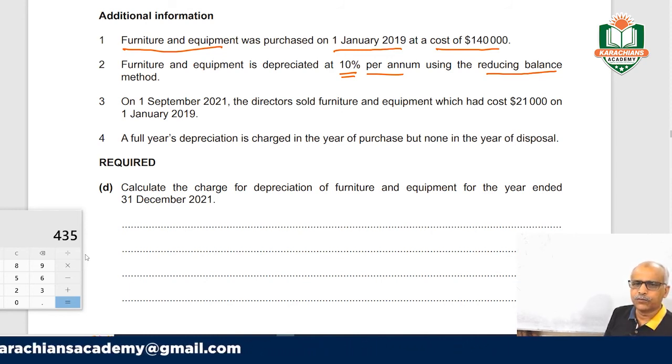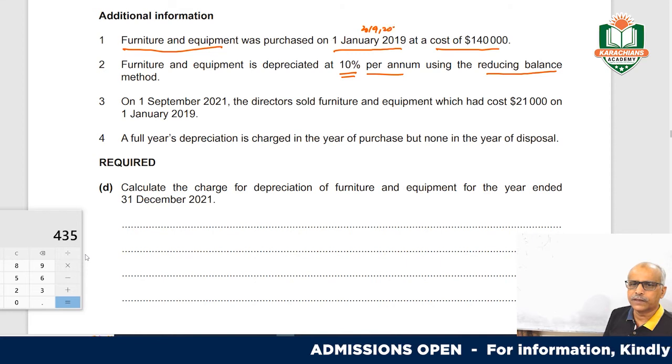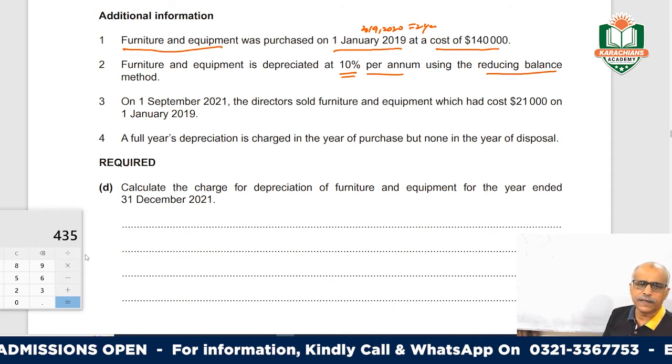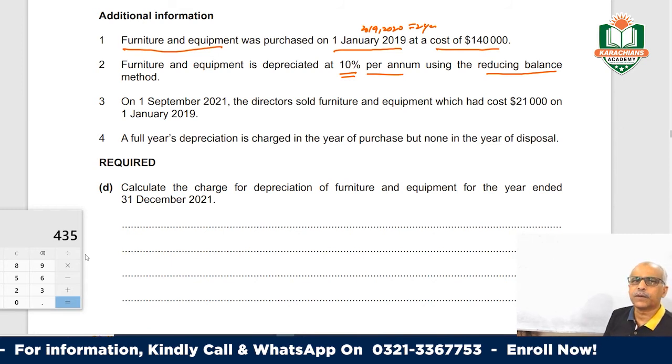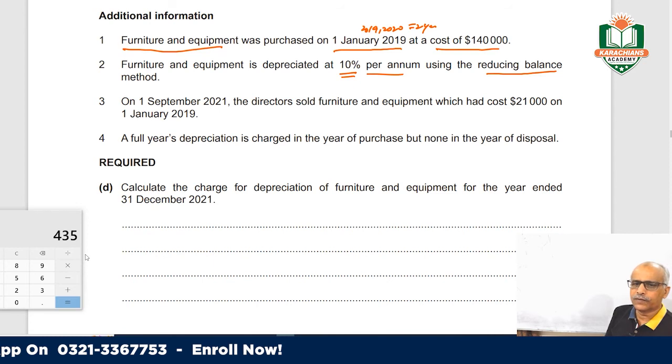Then, on 1st of September 2021, so he bought it in 2019, then the second year was 2020. So it means 2 years, right? In the third year, in the month of September, after 8 months, the directors sold furniture and equipment which had cost 21,000.